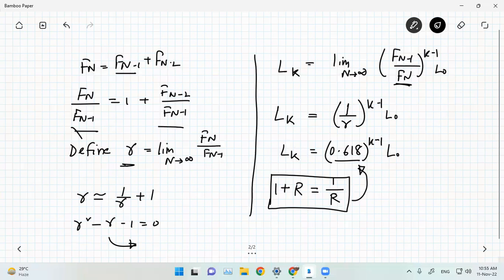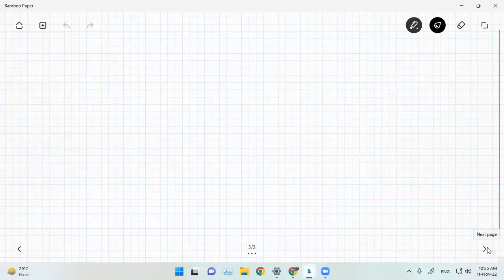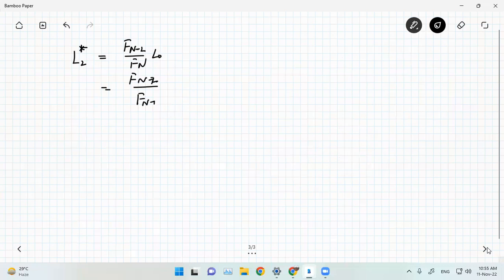Now let's see one example related to this. For the example, we have to take L2 star. So L2 star will be basically Fn minus 2 by Fn L0. It can be written as Fn minus 2 by Fn minus 1 into Fn minus 1 by Fn into L0.